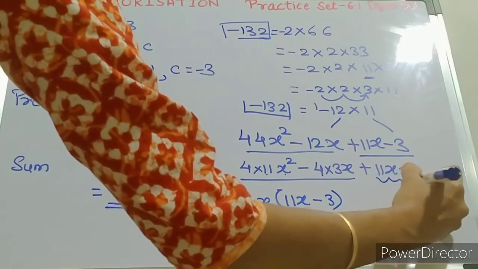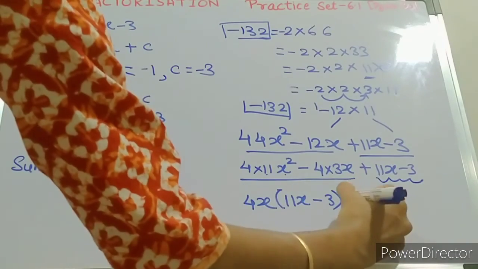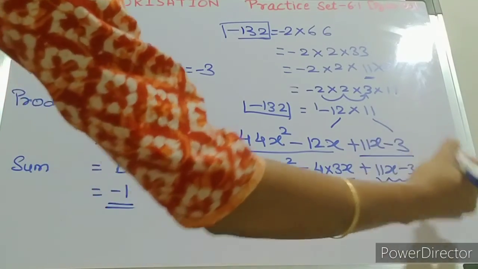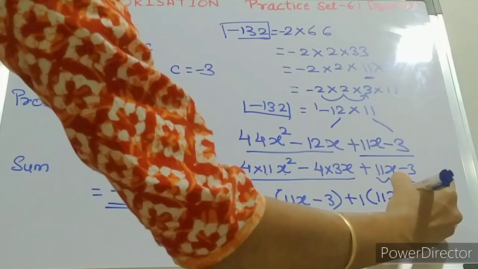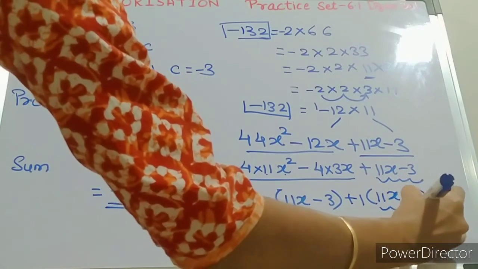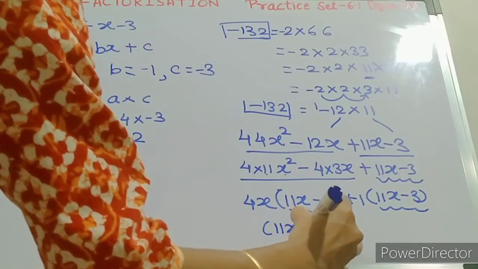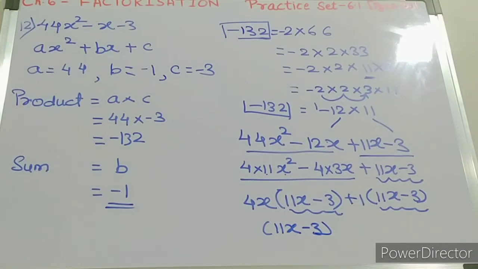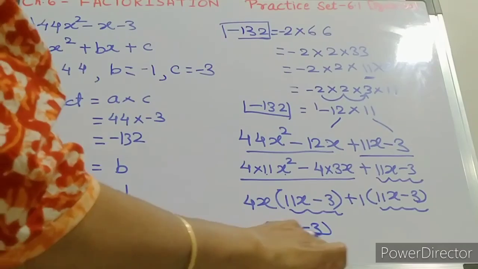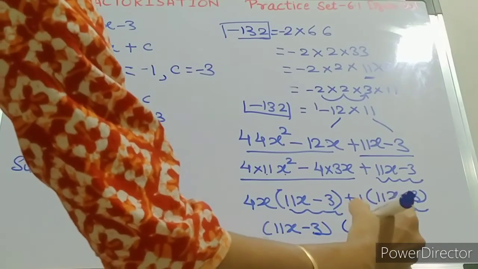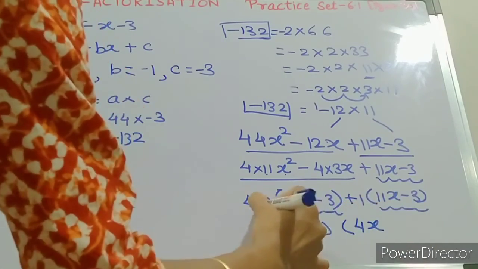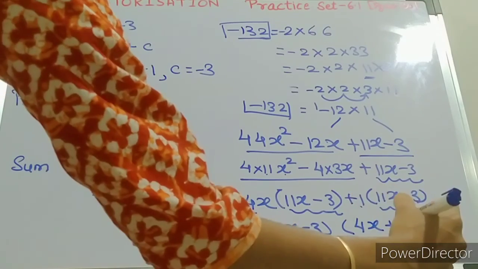Now if I consider these two, nothing is common, so I will just write plus 1. 1 is common every time, so 11x minus 3. So again 11x minus 3, 11x minus 3 are common in both the terms, so I will write 11x minus 3 in one bracket, and in another bracket 4x plus 1.